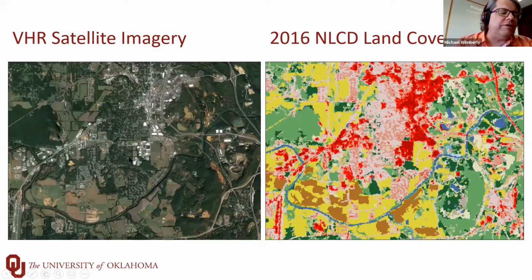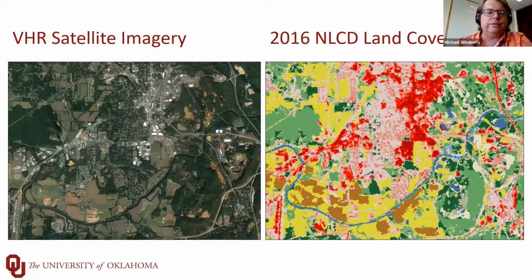The other thing I would point out is there's clearly a lot going on here. You can see a lot more in the very high resolution image than gets picked up in the classification, which is quite good. But the thing I want to emphasize is there's a lot of variation out here on the landscape. We can capture a lot of it, but not necessarily all of it, with these satellite-based land cover products.